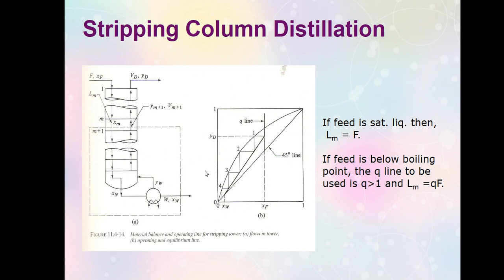Now, this is the case of the stripping section distillation, or simply a stripping column distillation. Your feed here is introduced on the top of the section. There's no enriching section anymore. And in this case, when you draw it graphically, you have a Q line that is vertical because it's saturated liquid.